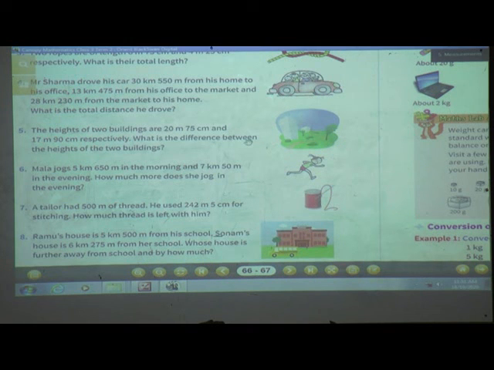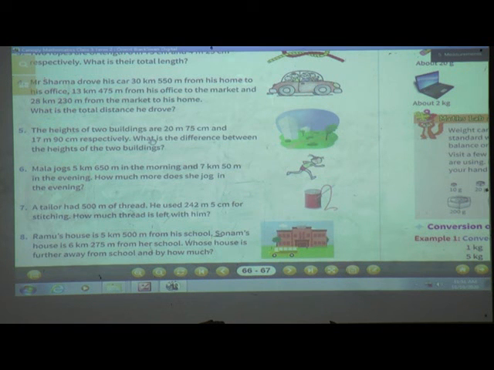What is the difference between the heights of the two buildings? See here, what is the question? The heights of two buildings are 20 meter 75 centimeter and 17 meter 90 centimeter respectively. And the question is, what is the difference between the heights of the two buildings?